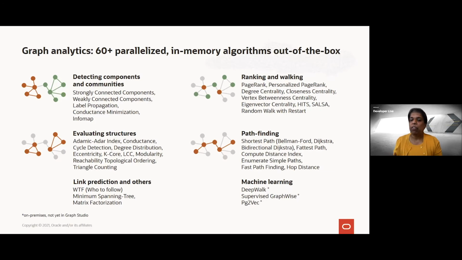So when you run the PageRank algorithm, every vertex gets a PageRank value. You can find paths in a graph, and the shortest path, there are various flavors of that, like Bellman-Ford, Dijkstra's, and so on. And then you can evaluate structures in your graph and more. So our product is available with over 60 pre-built algorithms that you can invoke using a simple API call.